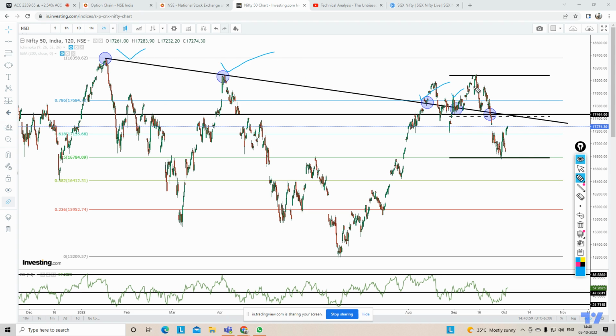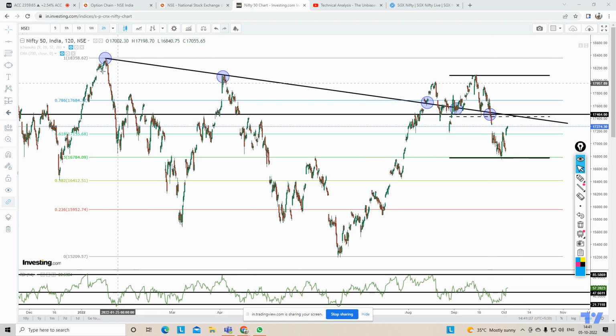We are going to touch the confluence of that particular area maybe tomorrow or the day after tomorrow, on Thursday or Friday, depending on the trend. This is with respect to the trend lines, the price action and the area.